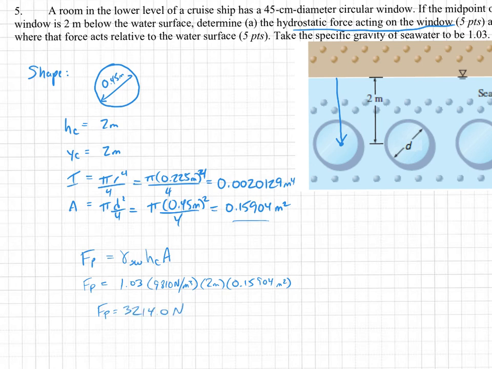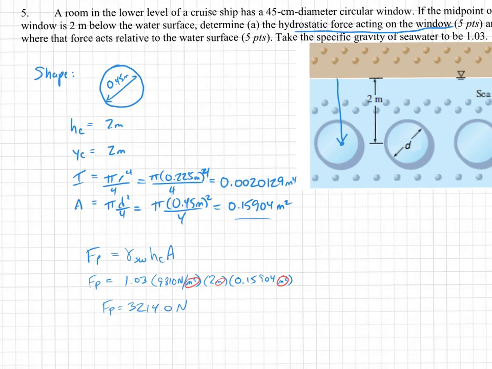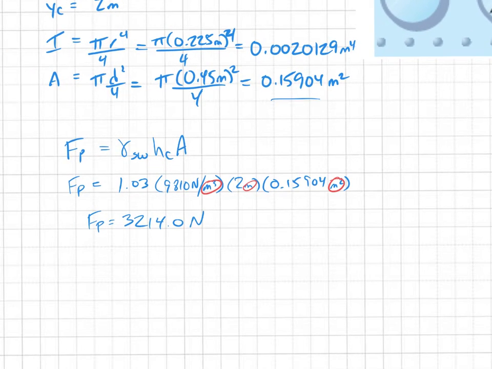Noticing, of course, that meters cubed cancels with meters and meters squared, so that gives us the units that we wanted. We have to feel at least a little bit okay with that. Now, of course, we want 3 sig figs, so I always like to convert it to something that looks pretty. I could have done 3,210 newtons, and that would have been fine, but I like it like that.